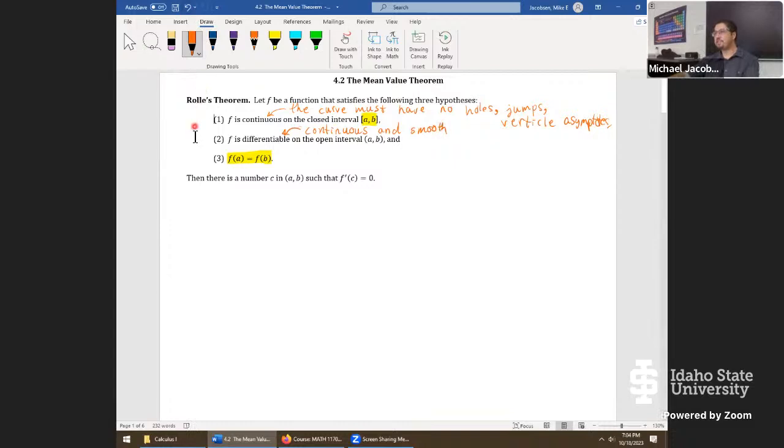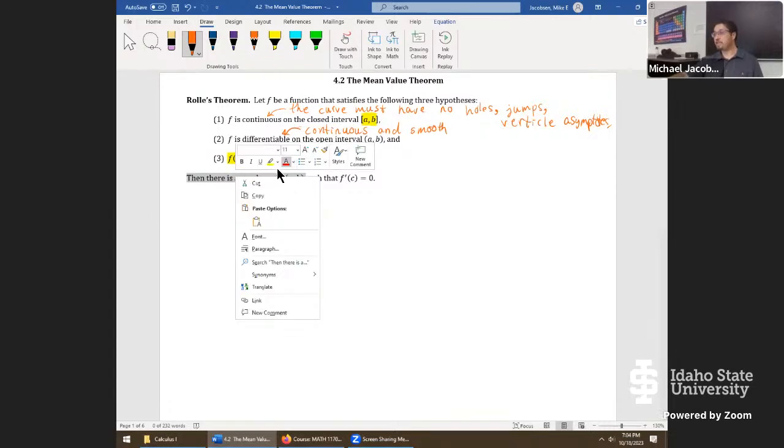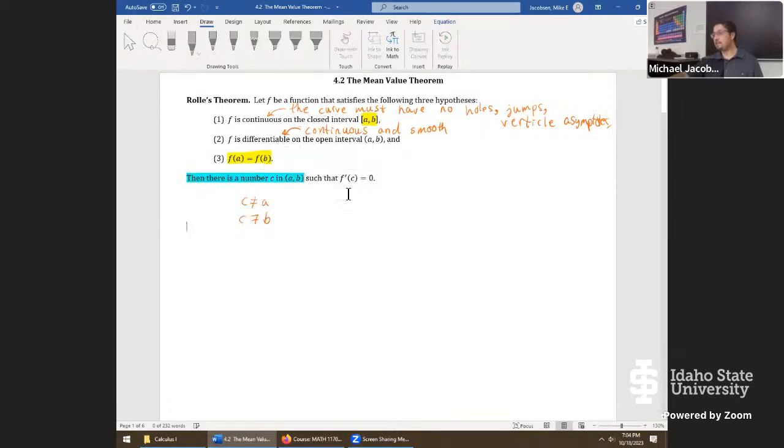So if we satisfy all these 3, these are the 3 hypotheses in Rolle's theorem, then here's the conclusion. There has to exist a number c in the open interval (a, b). This excludes the boundary points. We should say that right here. c is not a, c is not equal to b, but you'll be able to find such a number c such that the derivative at c must be equal to 0. In other words, Rolle's theorem is giving us a critical number, and it tells us there has to exist a critical number.